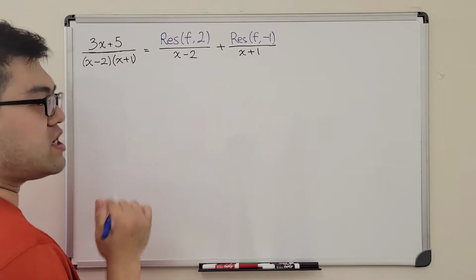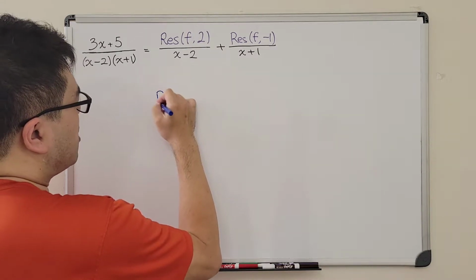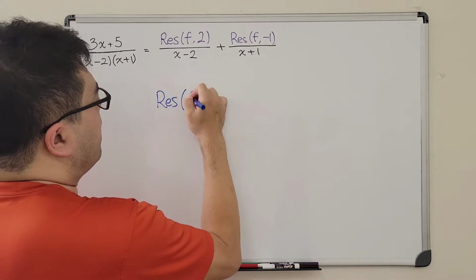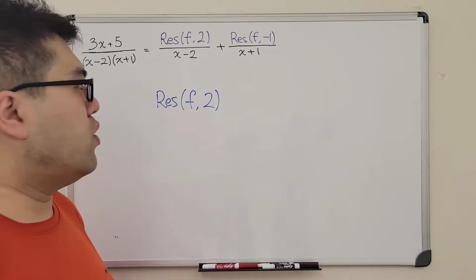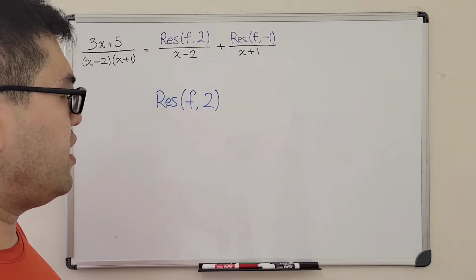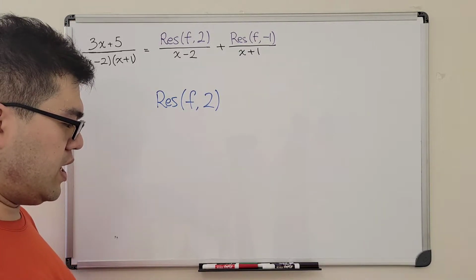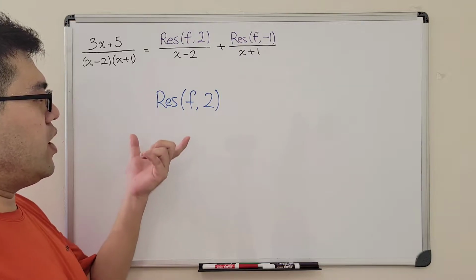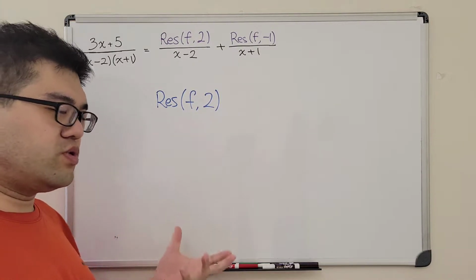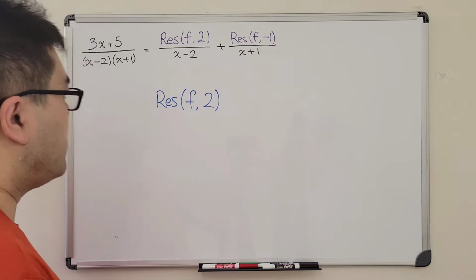So let's talk about what it will give us first. And later on, we will explain where it comes from and briefly talk about how we build up and get this residue function.